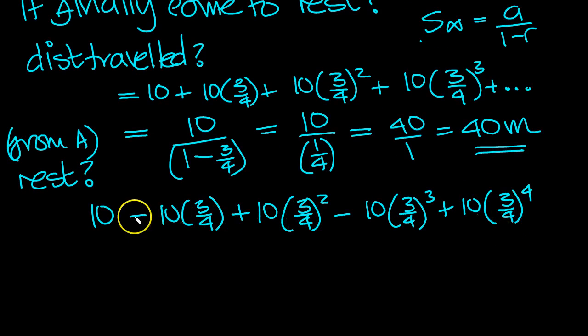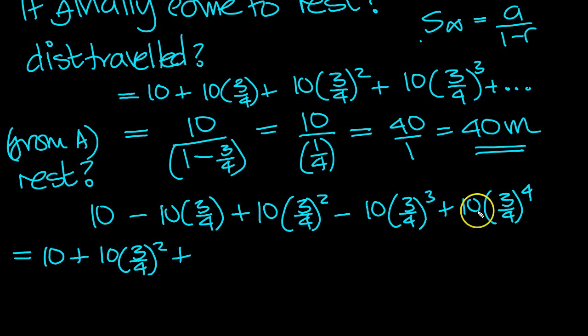So what have we got here then? Well, let's extract the positives. So this is equal to 10 plus this one plus this one, and that will just continue in the same manner.